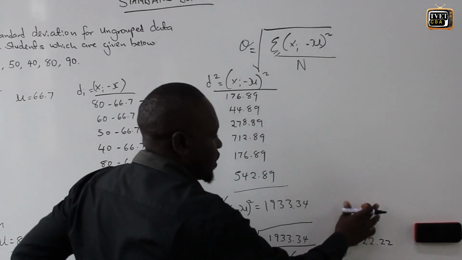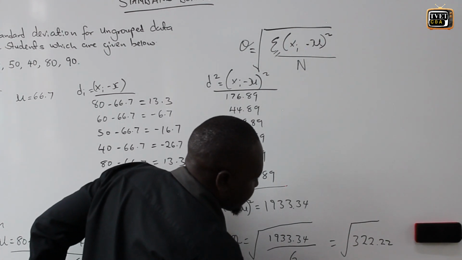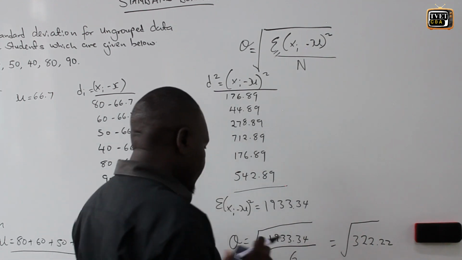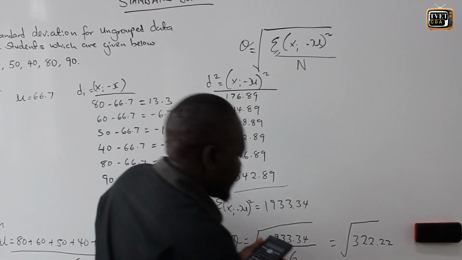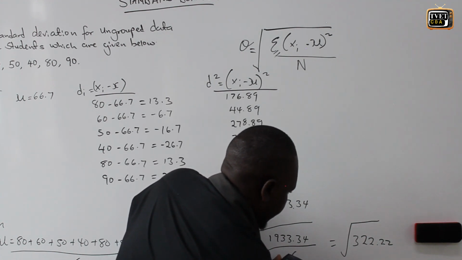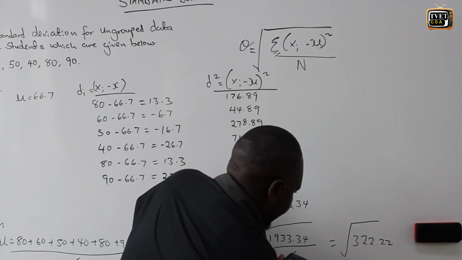When we find the square root, our standard deviation will be 17.95.